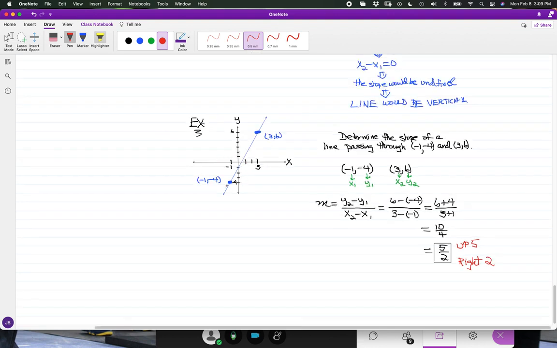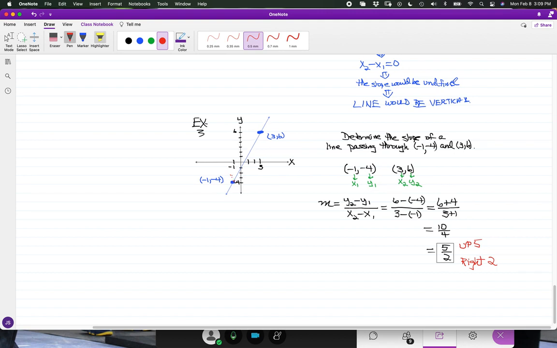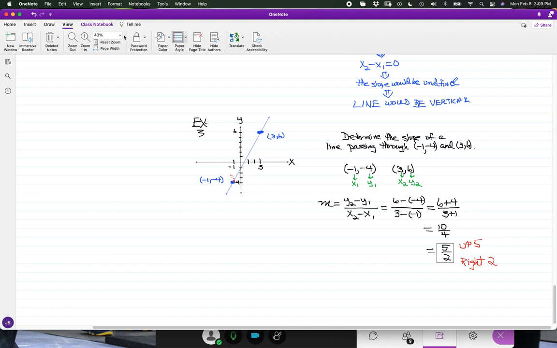So I had -1, -4. So if I go up 5 units, and let me zoom in on this.